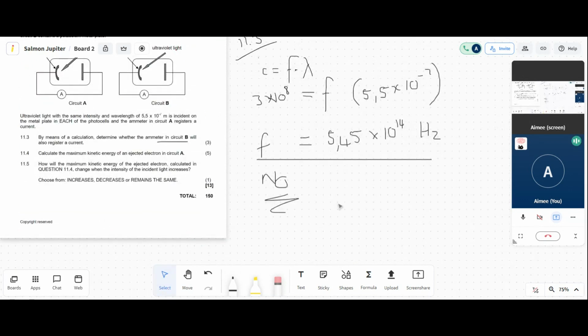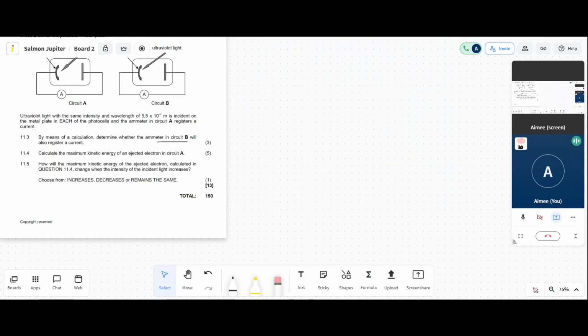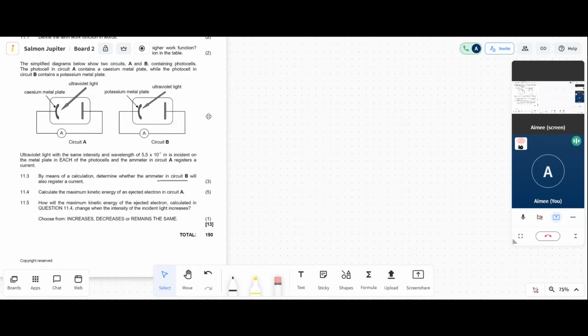Okay, next question. Let me just get rid of this. It says, calculate the maximum kinetic energy of an ejected electron in circuit A. So we don't have ejected electrons in circuit B, so we can't calculate it for circuit B. So we're doing it for A. Again, if you go to your formula sheet, there's a pretty straightforward formula, and the formula for 11.4 goes as follows.